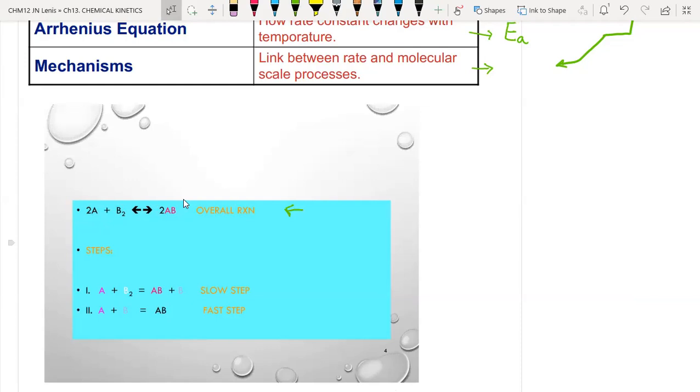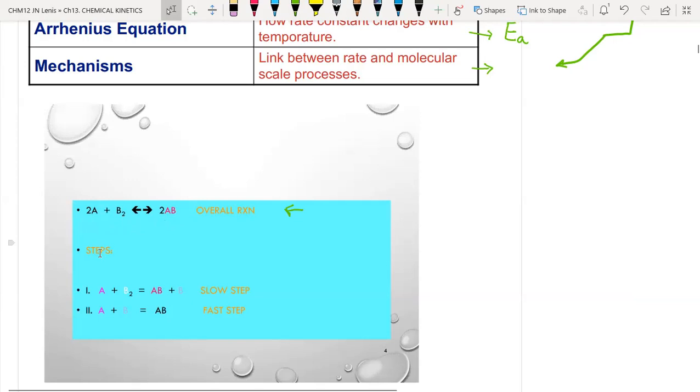Now, in this chapter, we are going to study what's going on at the molecular level during that reaction. How A and B are working together to make AB.